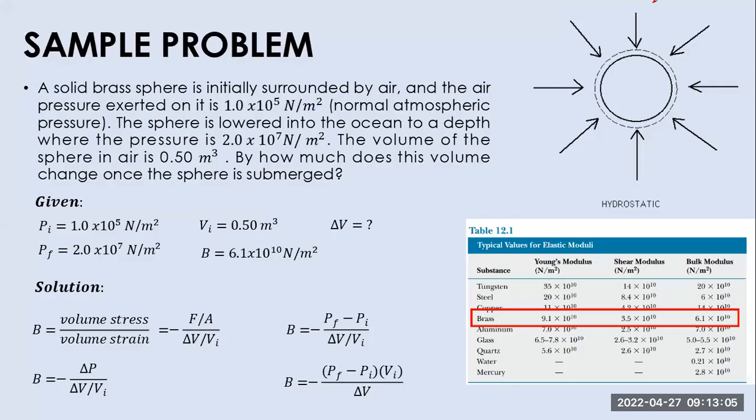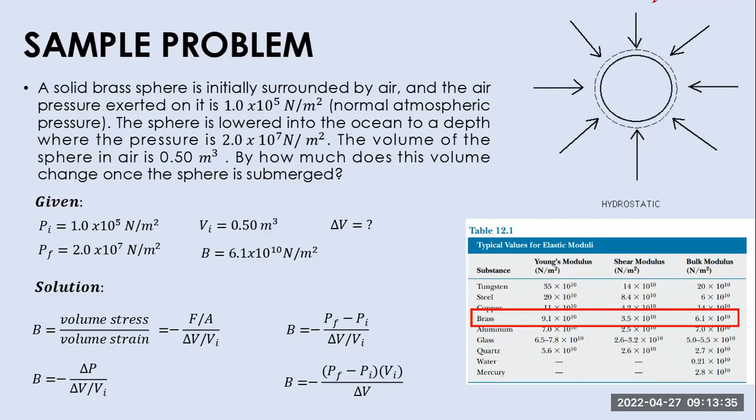So here is our last problem for the elasticity of objects, or this topic of elasticity. A solid brass sphere is initially surrounded by air, and the air pressure exerted on it is 1.0 times 10 to the power of 5 Newton per meter squared, or our normal atmospheric pressure.